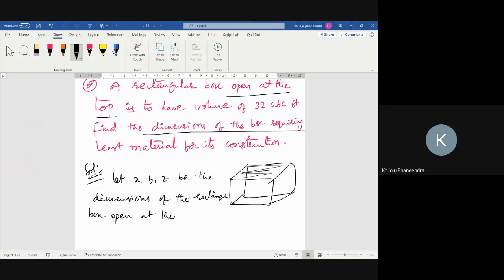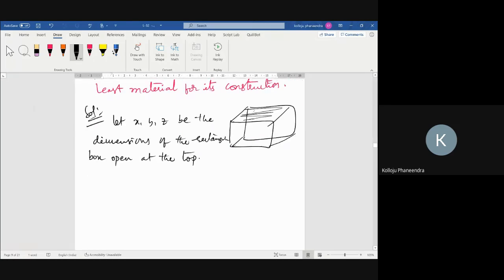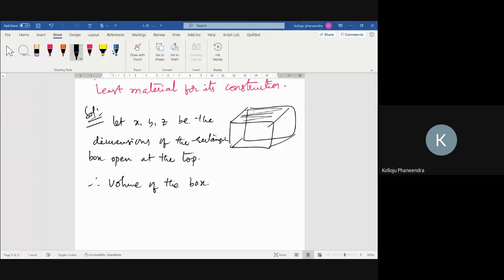Open at the top. If it is not open at the top, what is the volume? Generally the volume is xyz. Therefore, the volume of the box, capital V, is xyz.